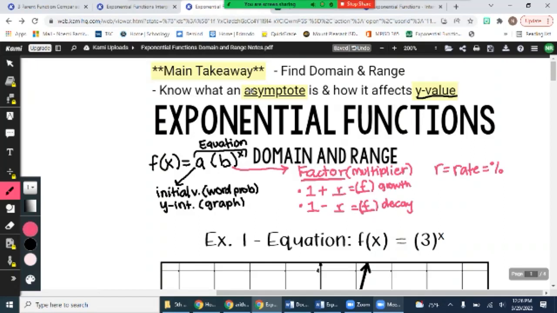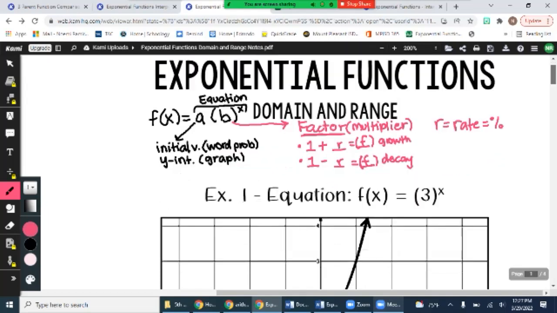So for example, in a word problem, unless you physically see a percent sign, that is not the rate. It would be the factor. If you physically see the percent sign, that is a rate. So you have to use the rate to find the factor. If there's no percent sign, that's just the factor. You don't have to do any of this. Got it? Questions on that?